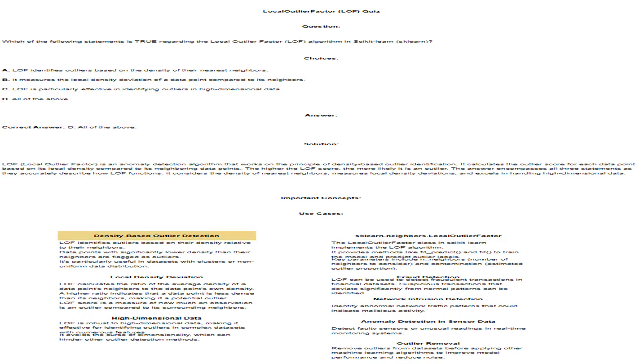Density-based outlier detection. Density-based outlier detection algorithms identify outliers based on their density relative to their neighbors. Outliers are data points that have significantly lower density than their surrounding neighbors. These algorithms are particularly useful in datasets with clusters or non-uniform data distribution, where traditional distance-based outlier detection methods might struggle.